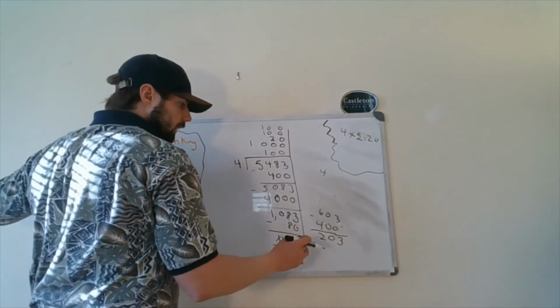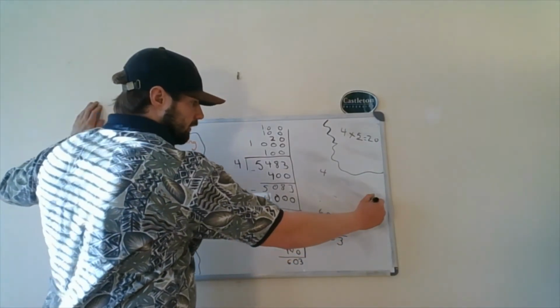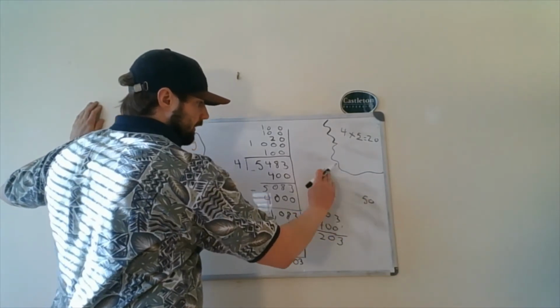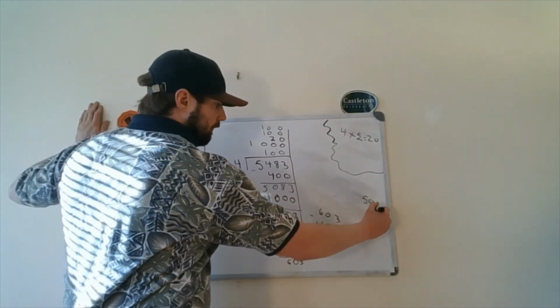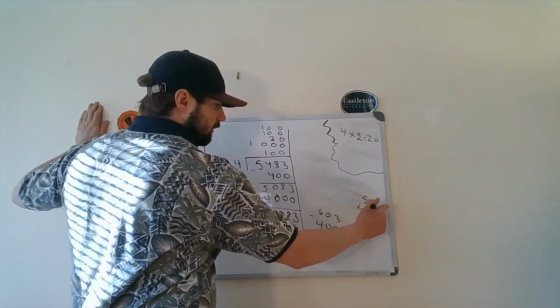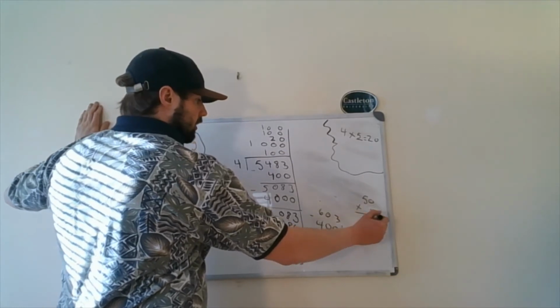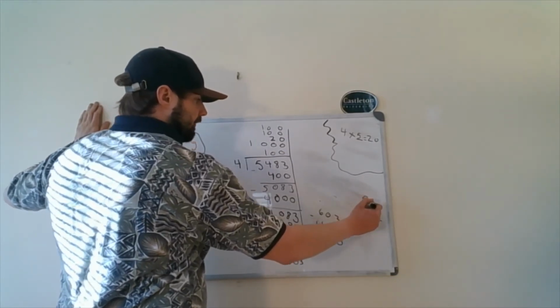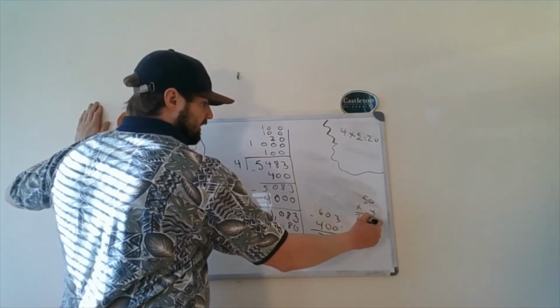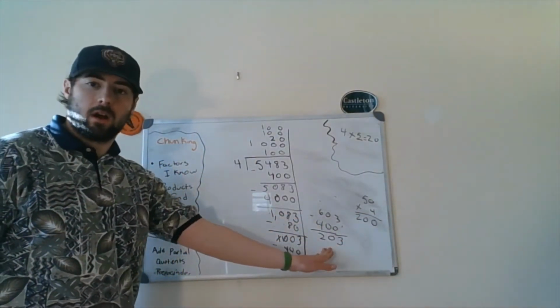So, if I'm putting my 5 in the tens place, that's going to give me 50. So I wonder what 4 times 50 is going to give me. Let's take a look. 4 times 0 is 0. 4 times 5 is 20. 200. Can we chunk 200 out of 203?